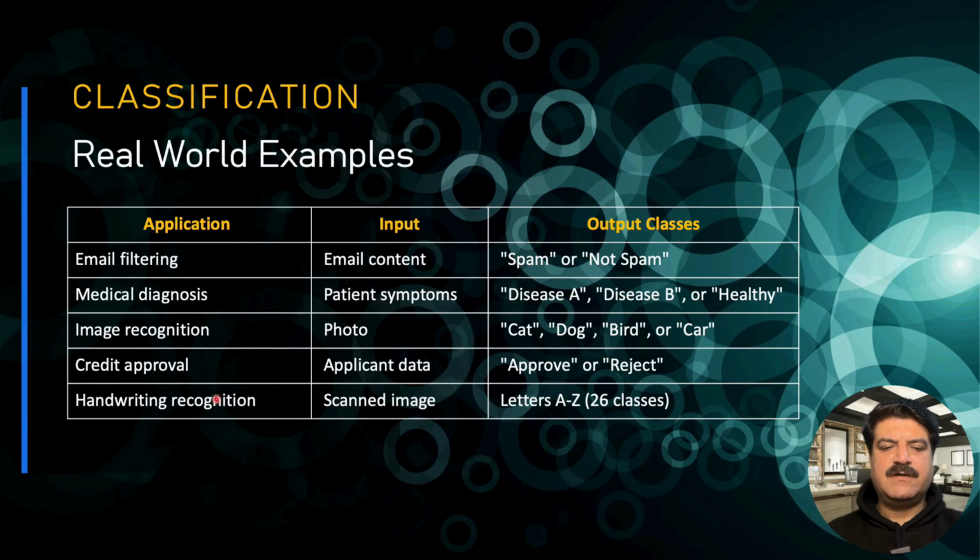Now, in the case of handwriting recognition, we will provide scanned images of writing, of signatures, of continuous writing or short writing, either a paragraph or a sentence. The output class will be letters from A to Z. Either it is A, B, C, and so on.